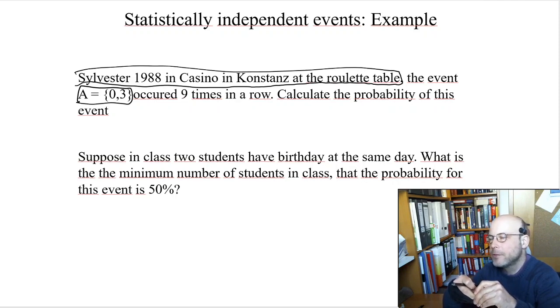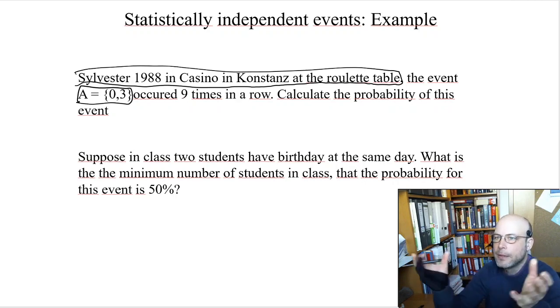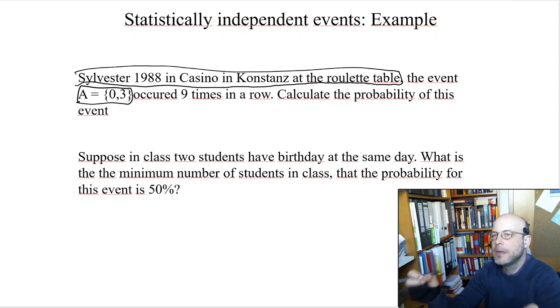And what do we have to do if we are playing roulette? I think you all know this game. What is the probability, playing roulette, that we have the event 0 or 3?